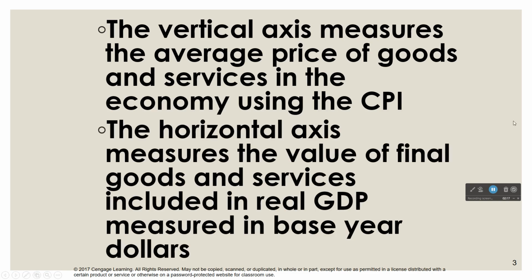The horizontal axis, the x-axis, measures the value of final user goods and services included in real GDP measured in base year dollars. If you'll remember, for real GDP, we take nominal GDP and divide it by the GDP chain price index, and that gives us real GDP, an attempt to measure real output in the economy.